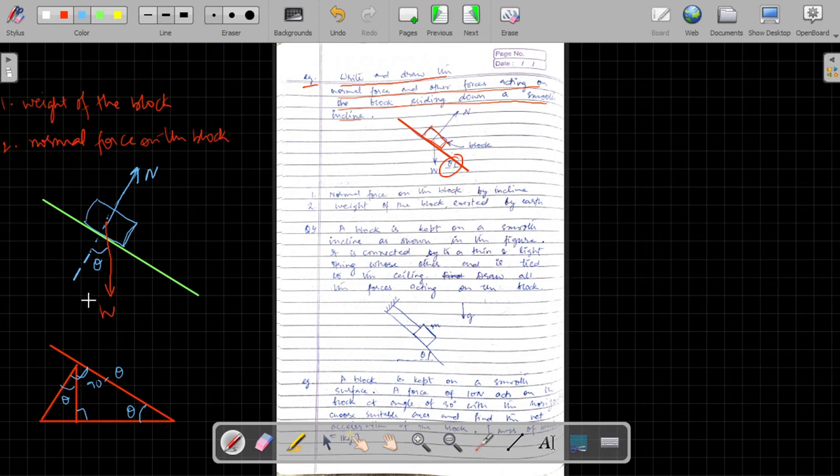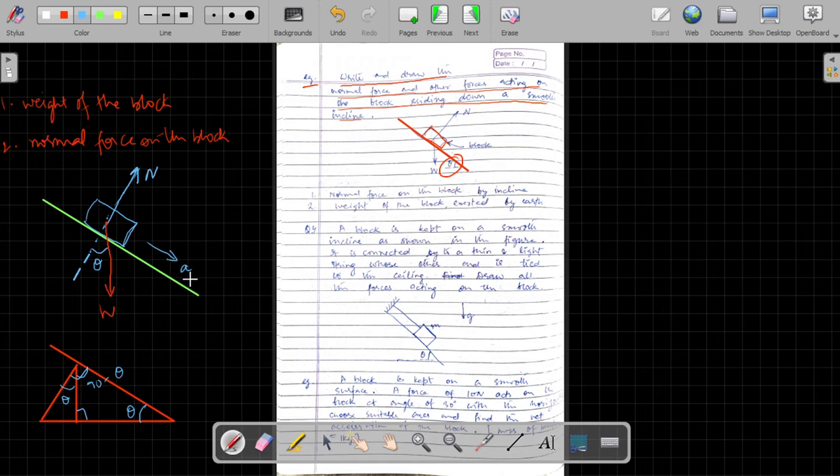As you can see, there is no force which is going to prevent the downward motion, or the impending downward motion as we like to say, of the block, as the block may or may not have started moving along the incline. It must have started from rest, so it is not moving yet.